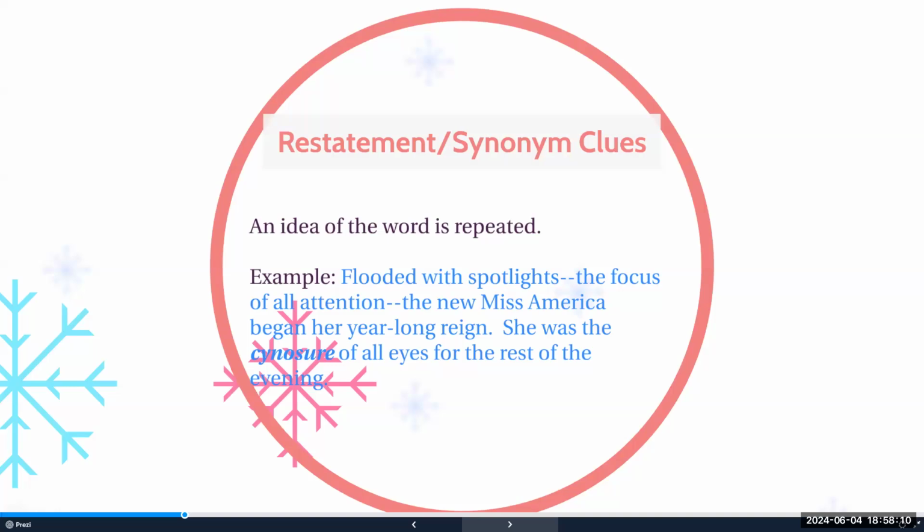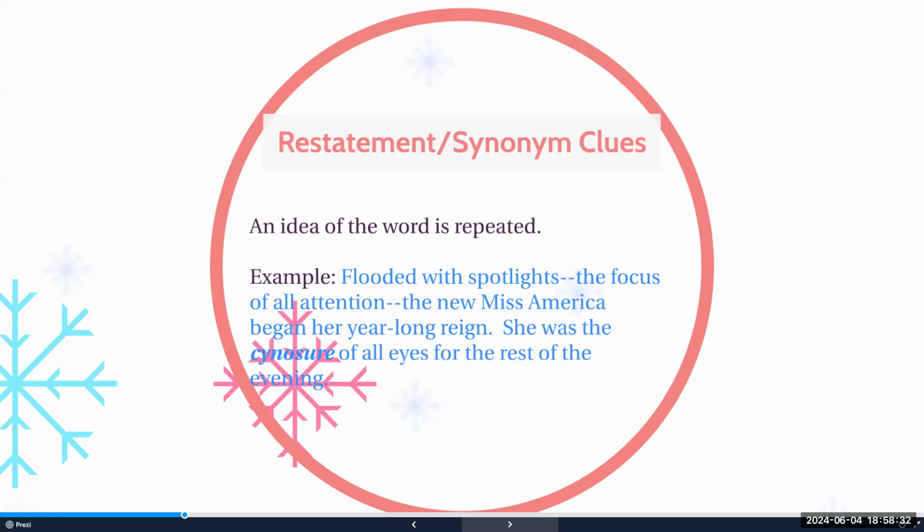So flooded with the spotlight, what does that mean? Attention, exactly. The spotlight, and what else do we know? It's a spotlight on Miss America. Yeah, so everyone's familiar with Miss America, with Miss Universe, Miss Argentina, Miss Brazil, whatever, right?